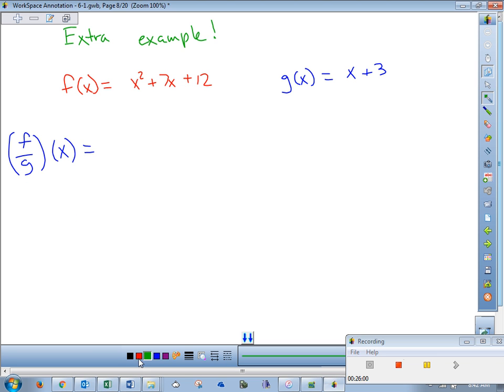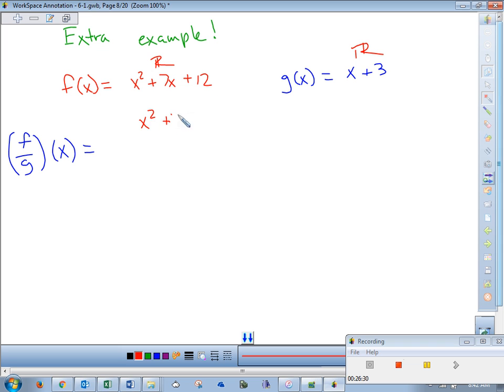Again, the number one thing you should do before you even get started is look for restrictions in the domains before you even attempt to do stuff with them. Red guy, does it have any restrictions in the domain? You are not dividing by any x's. There are no square roots in there either, so everybody works, right? Blue guy, are there any restrictions in that domain? Everybody works.